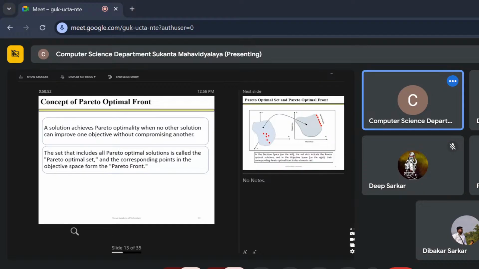And those points, if we consider their pre-image in the decision space, which may be anything in the decision space, that set of points marked in the decision space is the Pareto optimal solution set. This subtle difference is there.